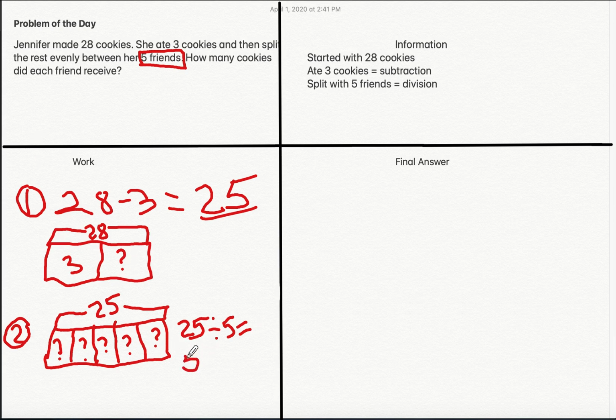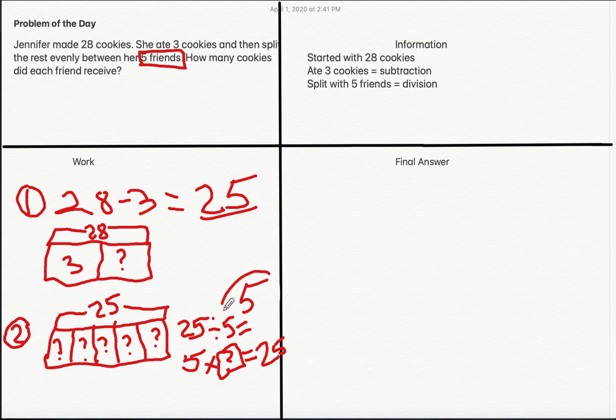So 5 times what equals 25? I know some of you are yelling at me. I can sense it. What do you think my missing number is going to be? Some of you have done your equal groups, you've done your repeated subtraction. Hopefully you finished by now. What have we gotten as my quotient? Yell it out.